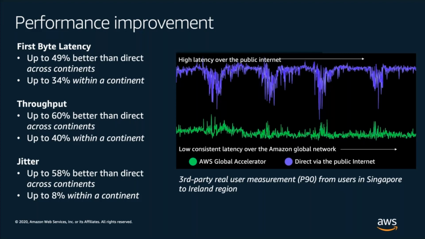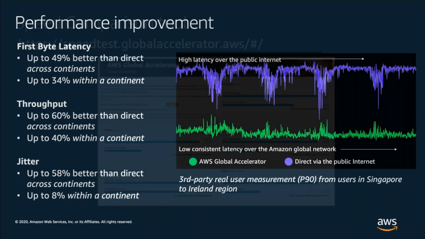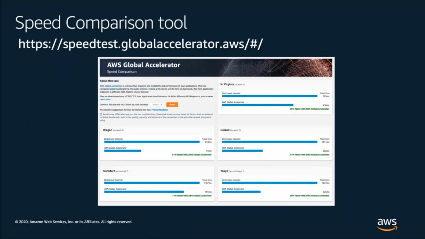These are three different lenses that we use to look at performance, and there are certain ways that you can test them. A quick way is to go to the speed comparison tool, and from your client, you will see performance with and without Global Accelerator going to different regions of AWS.